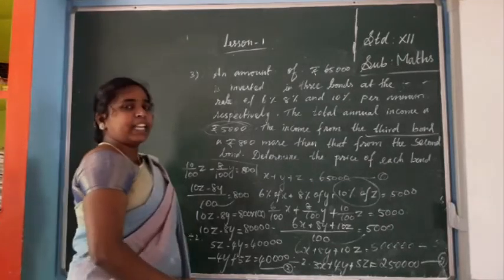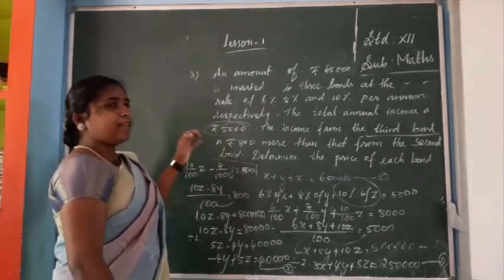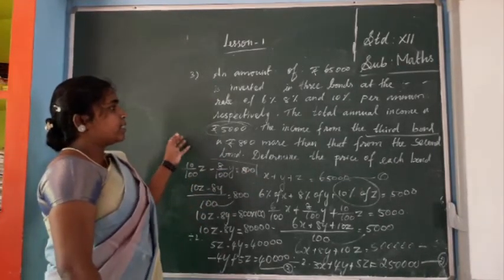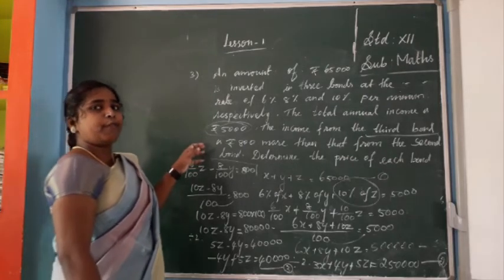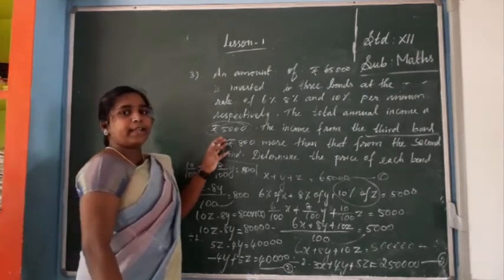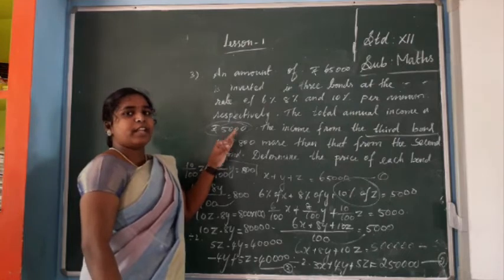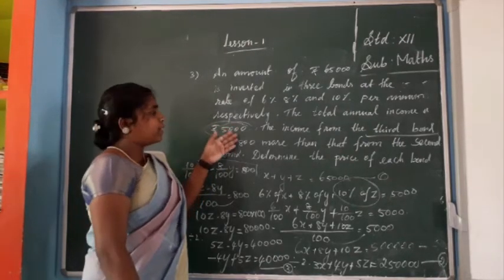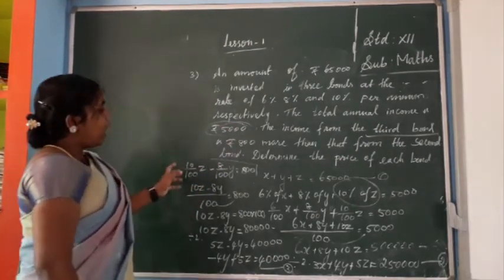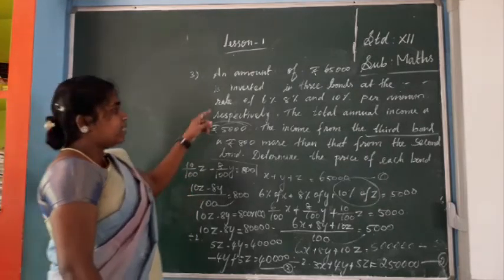After getting the 3 equations, form the augmented matrix A bar B. Next, convert it into row echelon form. After forming row echelon form, we will get 3 equations. Then use the back substitution method and find the unknowns x, y, z. That is the answer.